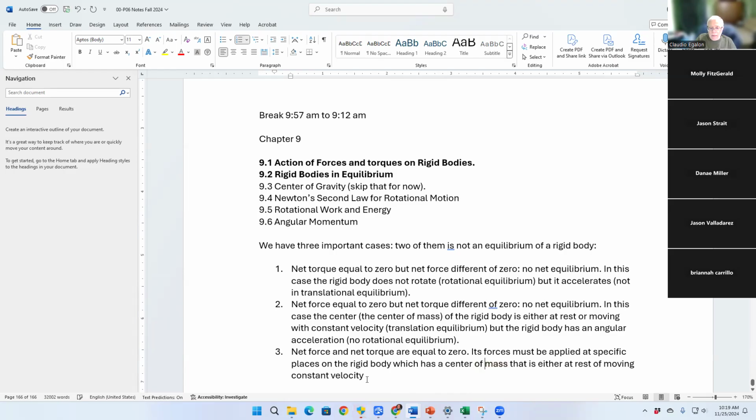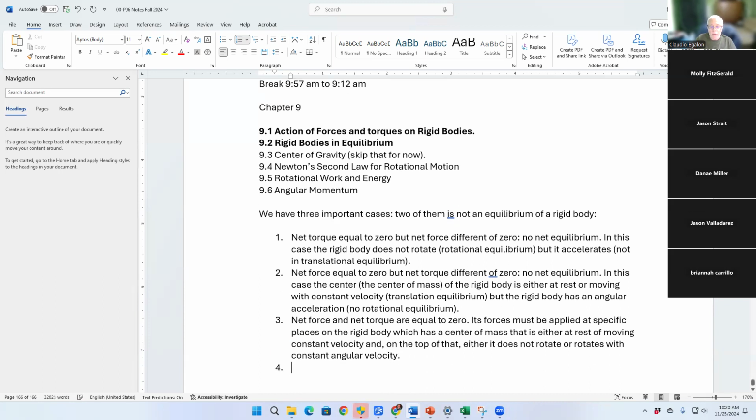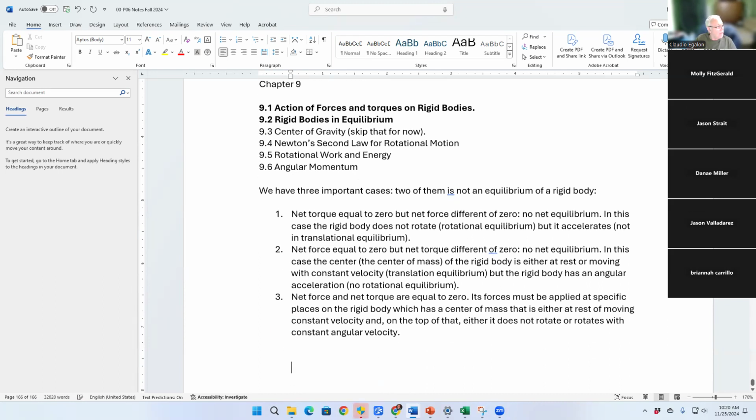And on top of that, it either does not rotate or rotates with constant angular velocity. Right? So those are the cases here.